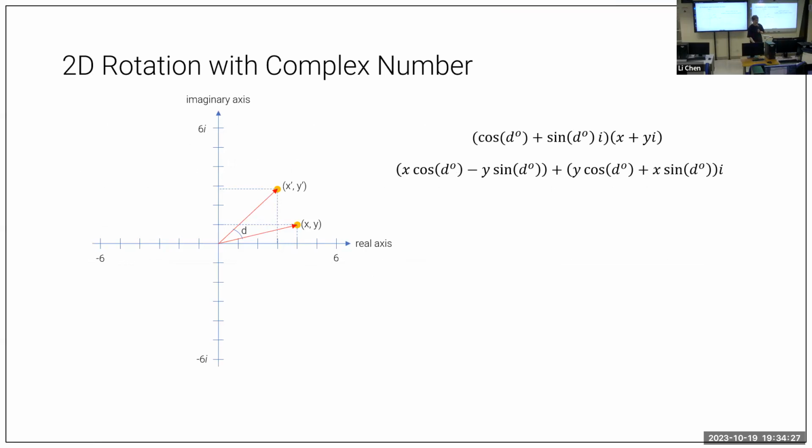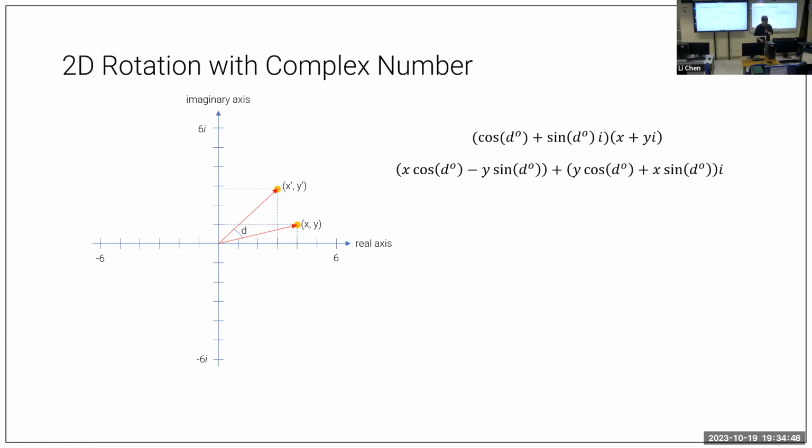I guess this is very familiar to you. Let me grab my pen. Suppose we represent a point on this 2D plane. We can always use x and y, so this is very straightforward.